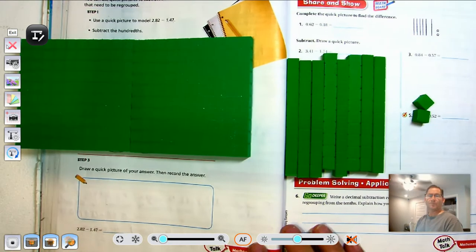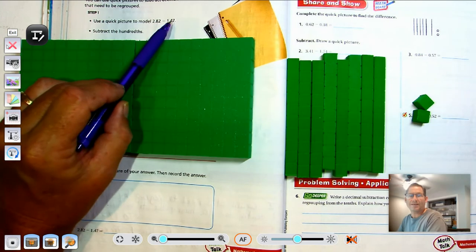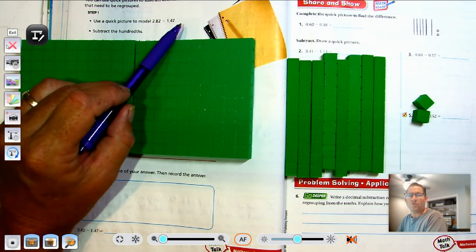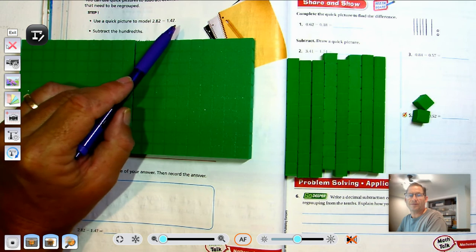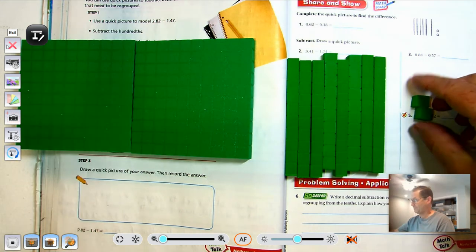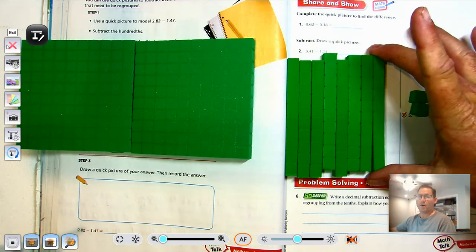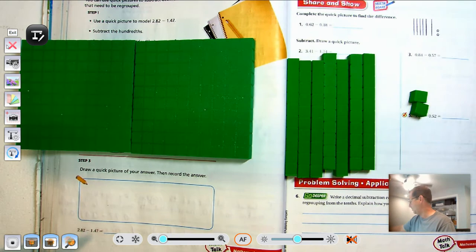All right, now it says we have to take away 1 and 47 hundredths. So we're going to start with the hundredths. We need to take away 7 hundredths. We only have 2 hundredths. So that's not possible, right? So I need to trade one of the tenths for 10 hundredths.